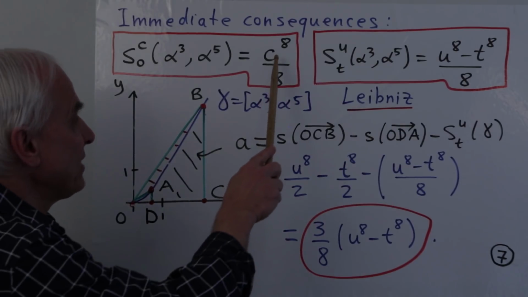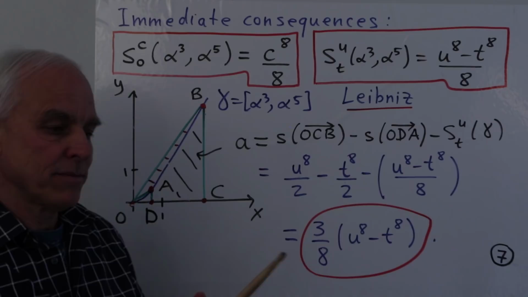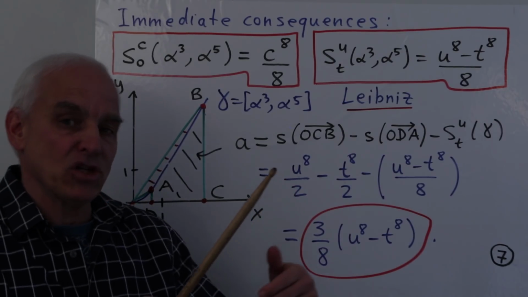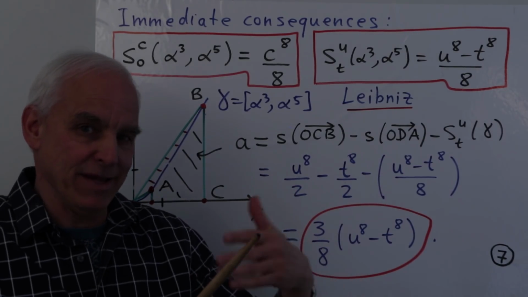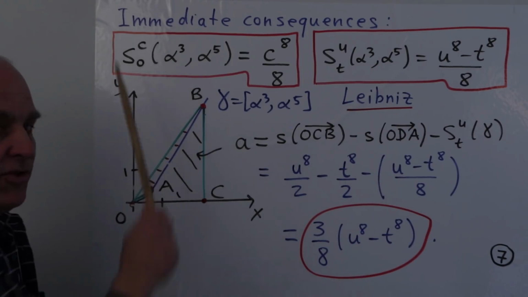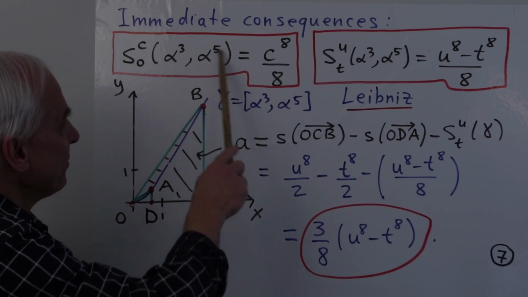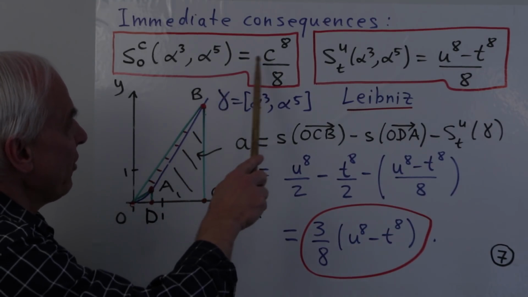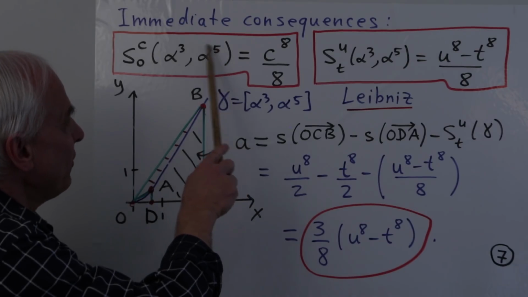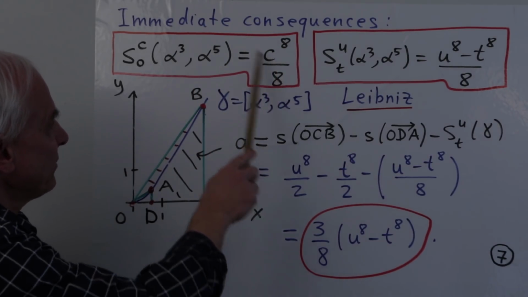In that case, we're going to get c to the 8 over 8 because our dilation property, it's property E, tells us exactly what happens when we replace the 1 here with a c.